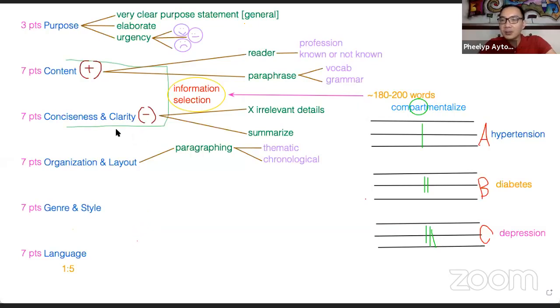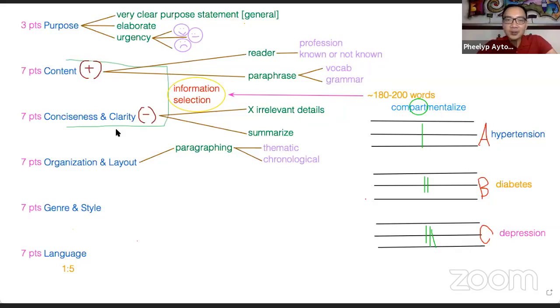One way is like this: hypertension, that's diabetes, that's depression. Another way is sequence, when it is the sequence of events that matter more. 3 hours ago, this is what happened. Next paragraph, maybe 5 hours ago, this is what was happening. Maybe next paragraph, a day ago, this is what happened.